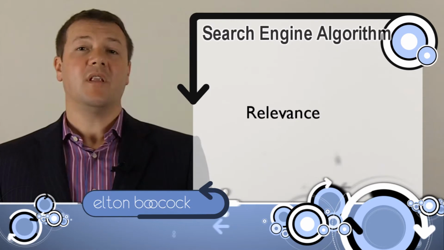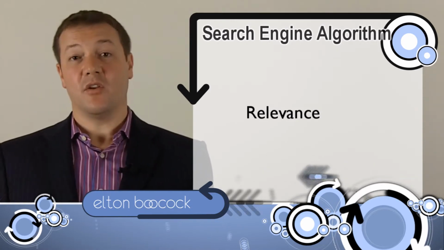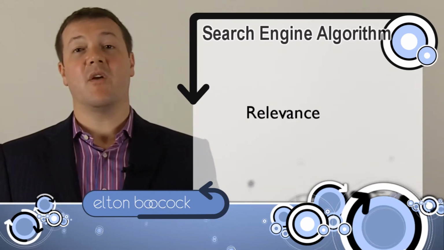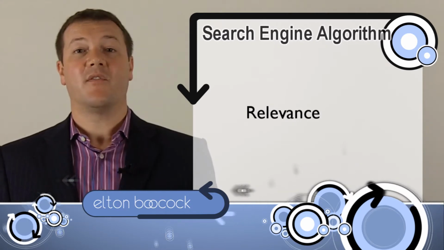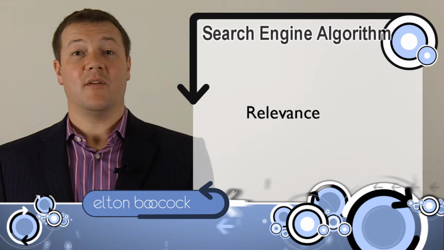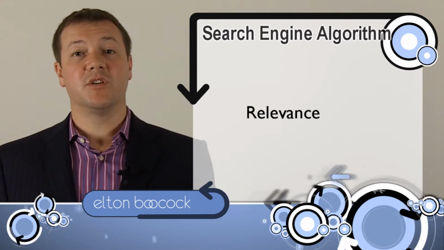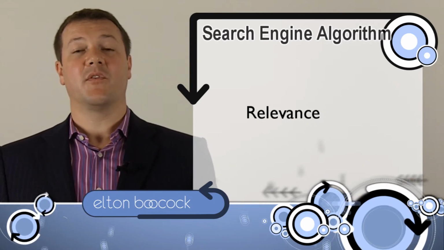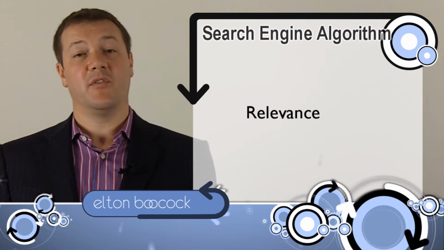So Google has to make sure that your page is absolutely relevant to the key phrase that somebody is searching for. To make sure that you are relevant, what the search engine will do is have a look through all of the text of your page.